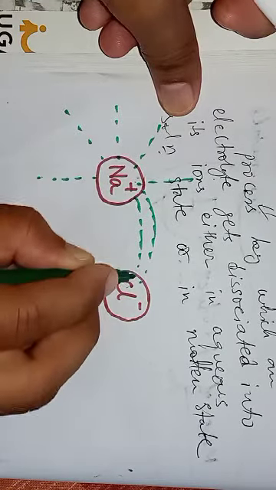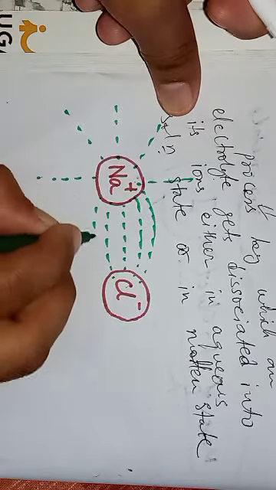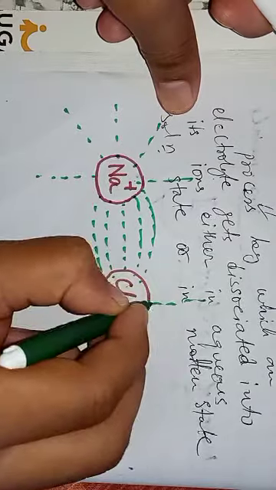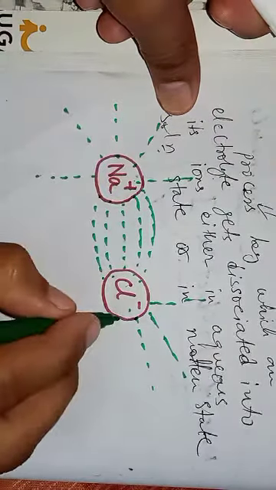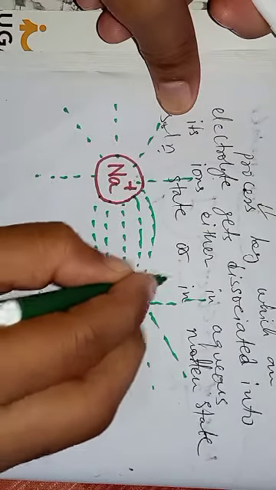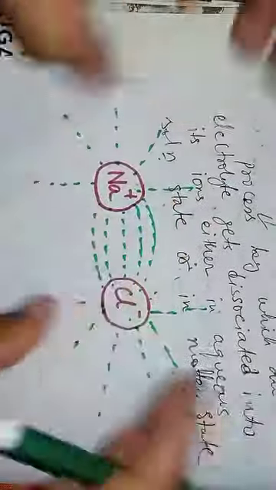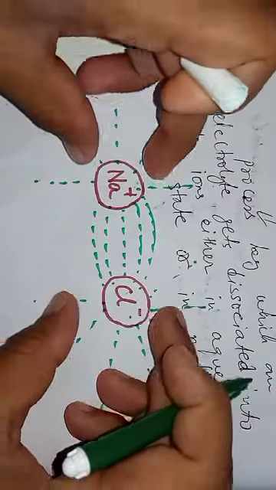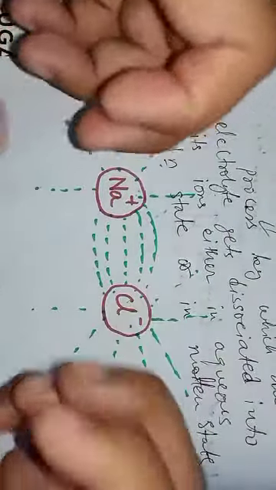These are electric field lines which you are going to study in physics in higher classes. Because these are electric charges, they will emit an electric field. And this is the electrostatic force of attraction between the two. With this electrostatic force of attraction between these charges, they are close to each other and held tightly.